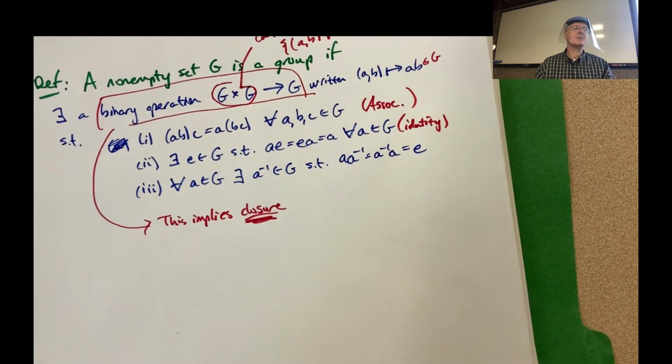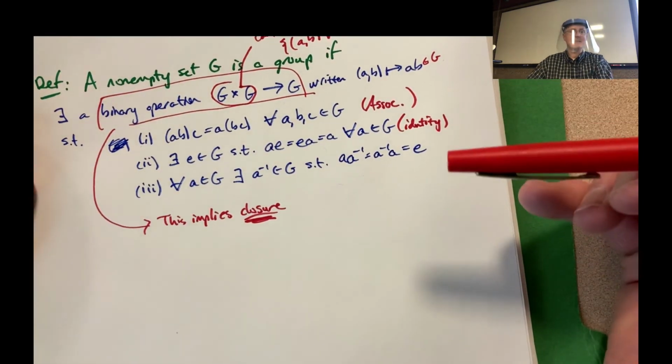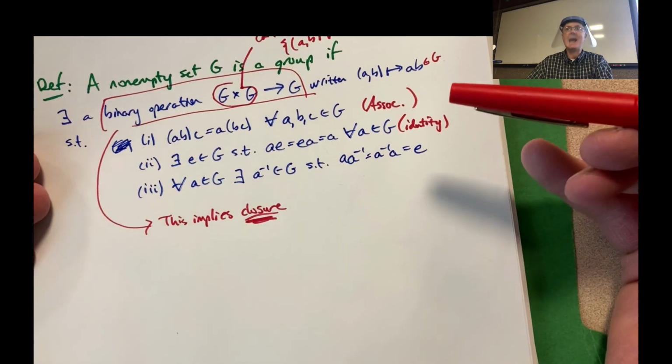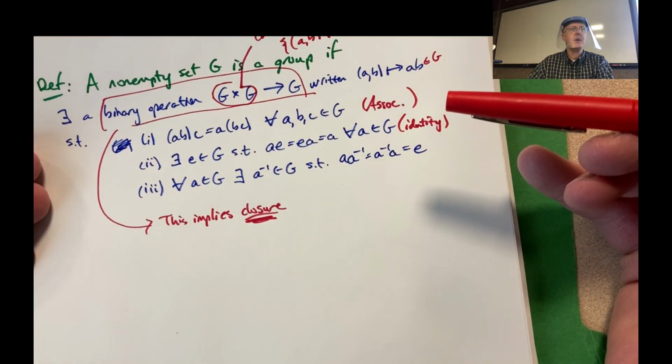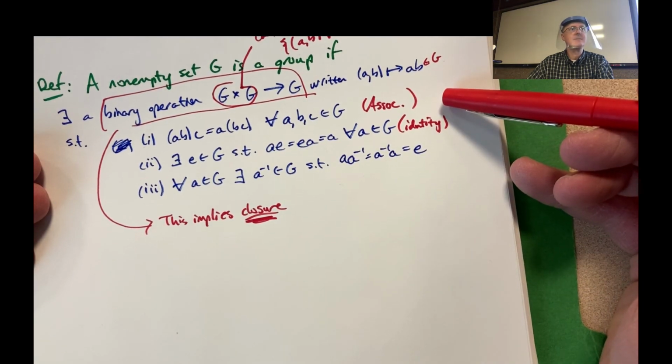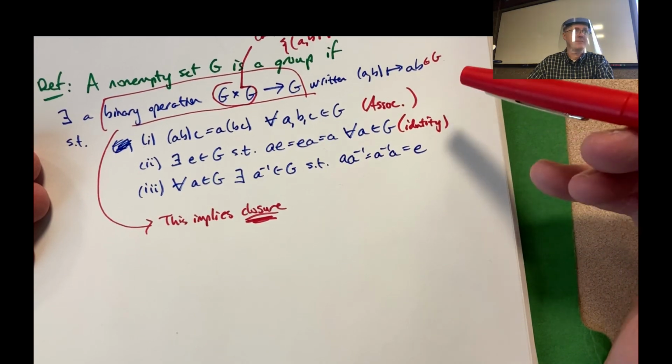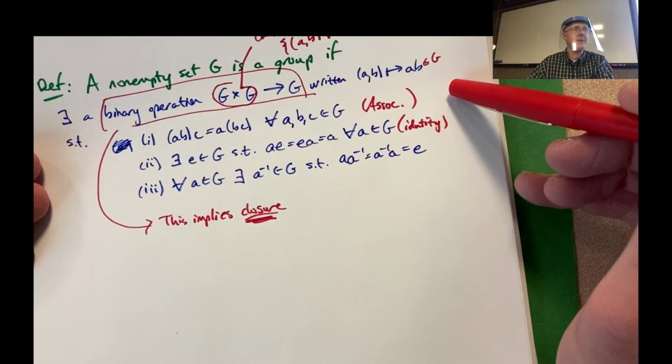Some fundamental basic consequences of this definition. Essentially, we take these as axioms when we do group theory. All groups, when you do the theory, are assumed to satisfy these. Though in practice, when you try to work with a particular group, you have to verify that these are true right away in order for it to be a group.